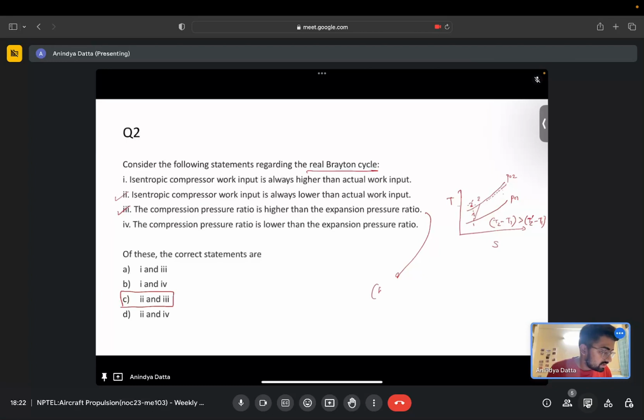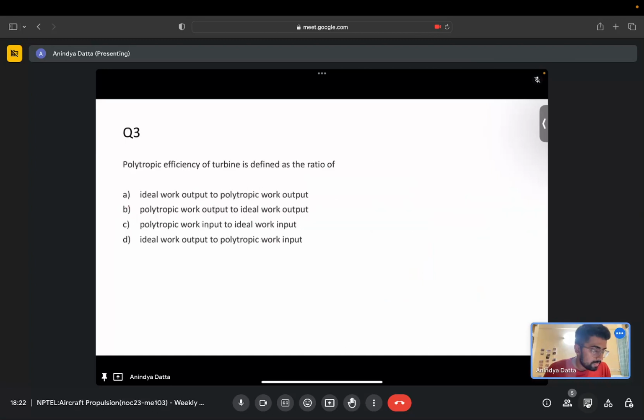This is because there is a pressure loss in the combustion chamber. So from now on, when we do problems on the real Brayton cycle, we should know that the compressor pressure ratio and the turbine pressure ratio need not be equal. Okay, so let's move on.